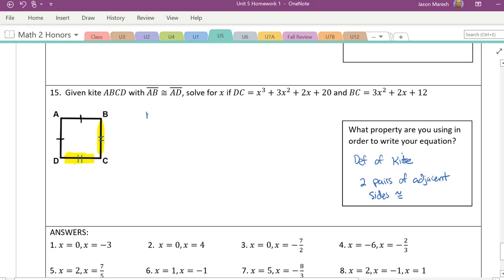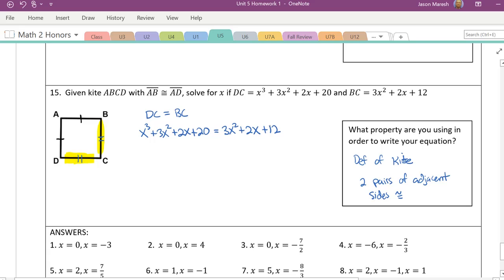And so DC, the length, is going to equal the length BC. So x to the third plus 3x squared plus 2x plus 20 is going to equal 3x squared plus 2x plus 12.